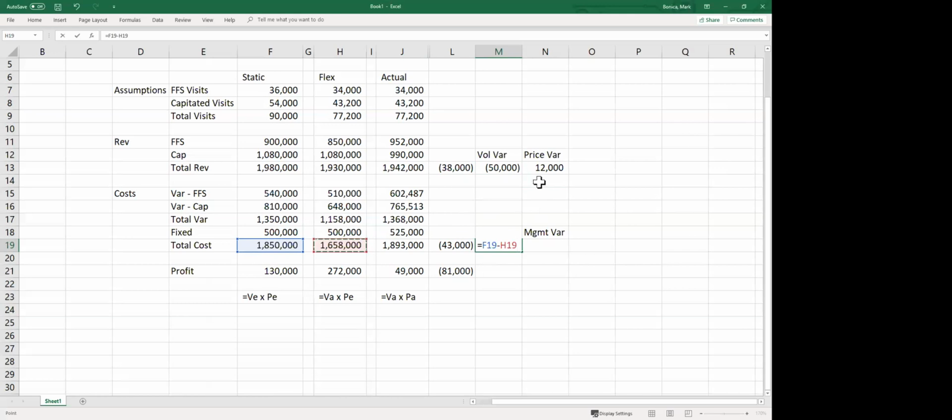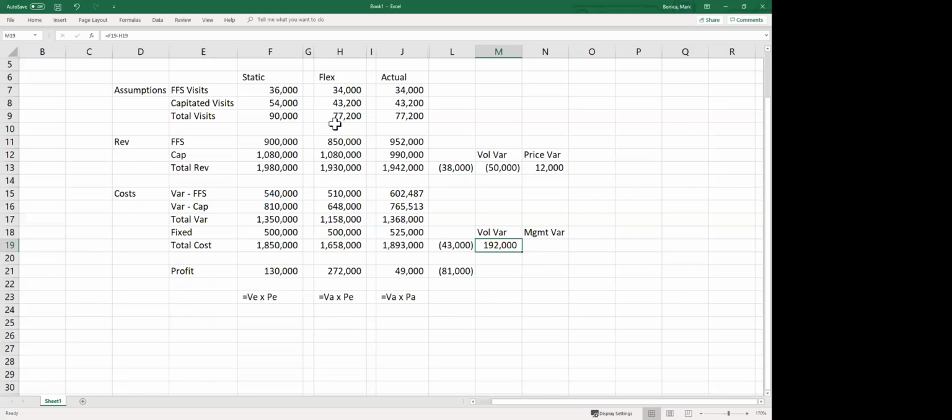Because up here, volume variance is flex minus static, but here it's static minus flex. Why is that? Because ideally we want our actuals to be lower than our expected, right? So our baseline is our budgeted amount or static amount, and we want these to be lower. And in this case, the volume variance is in fact lower.